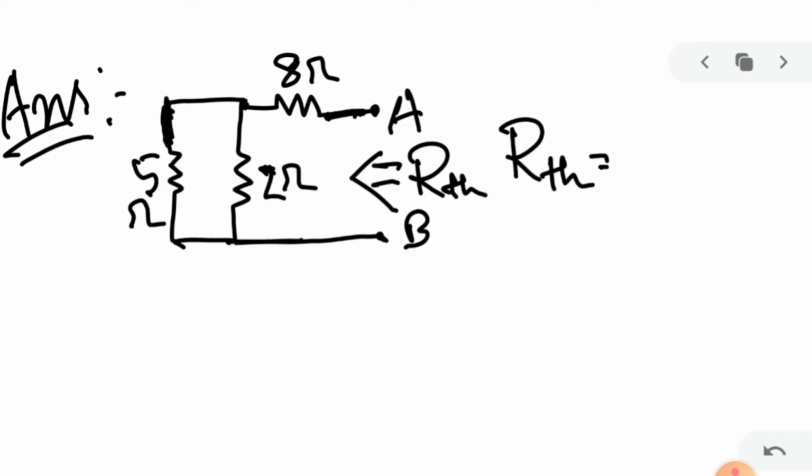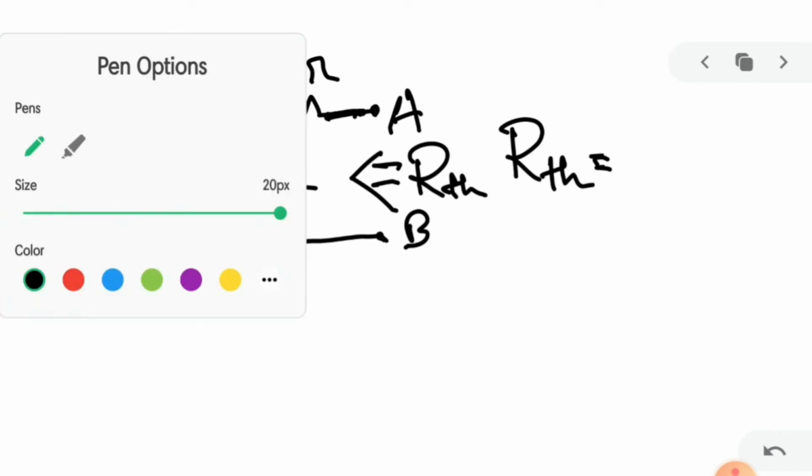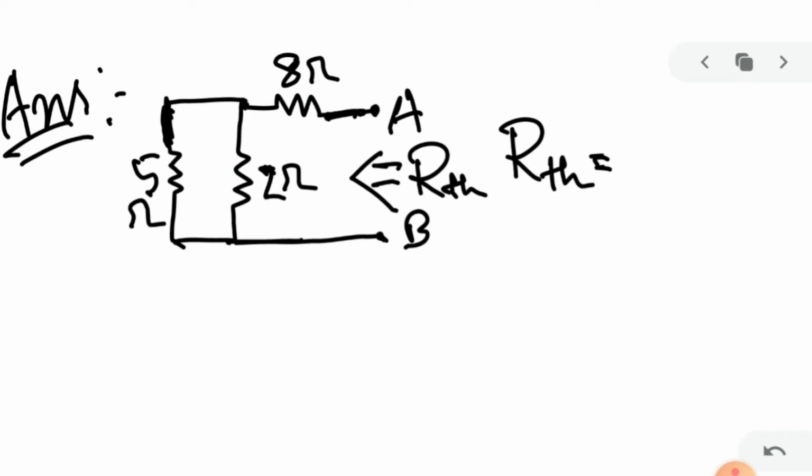So what is the RTH? RTH is equal to 5 plus 8 and 2, sorry. First we need to look at the diagram from the terminals. You see that here is 8, so 8 is in series with 5 and 2, which are in parallel.